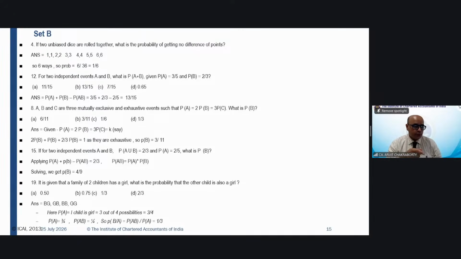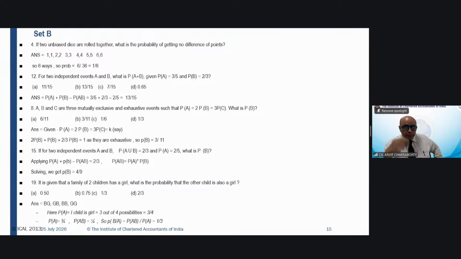Please note very carefully: one child is a girl, we can get 3 favorable events, 3 out of 4 possibilities. So it is 3 by 4. We will take the BG option, the GB option, and also GG, because even in the case where both children are girls, this will hold good. So 3 out of 4 possibilities, that is 3 by 4.